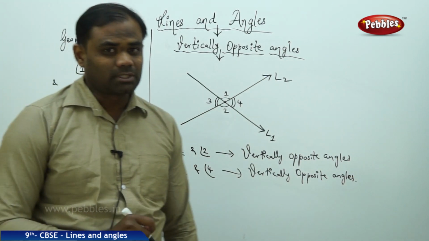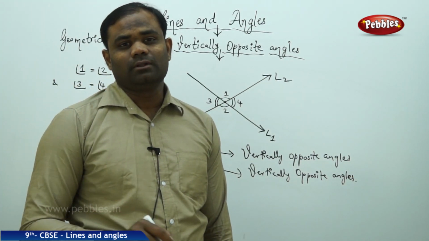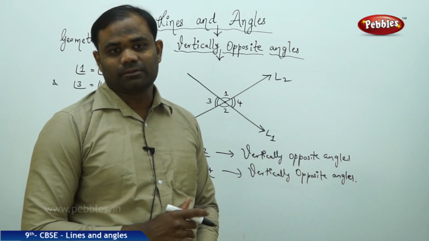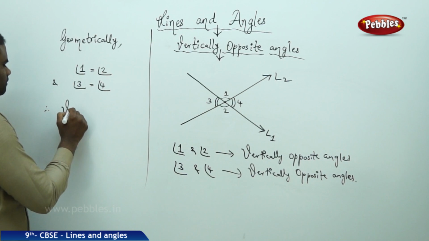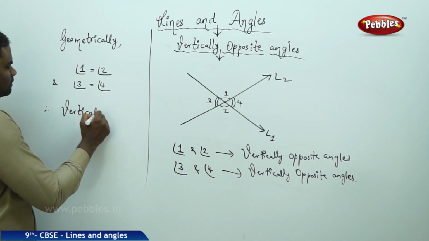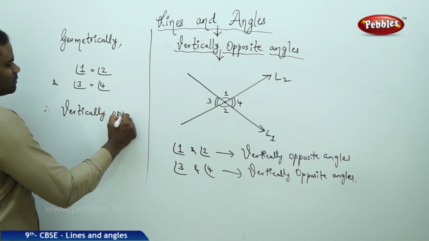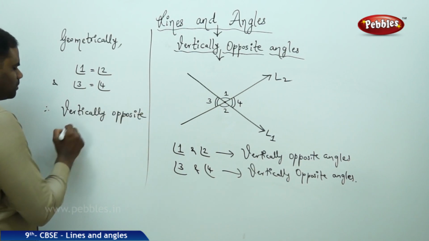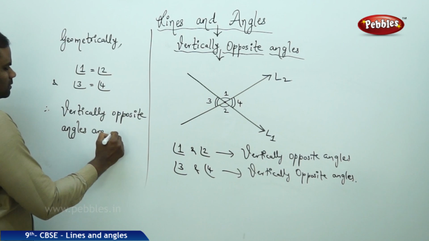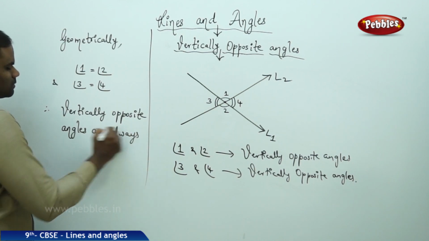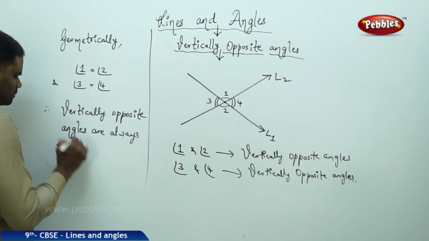So vertically opposite angles are always equal at the point of intersection. So here we make a property that vertically opposite angles are always equal.